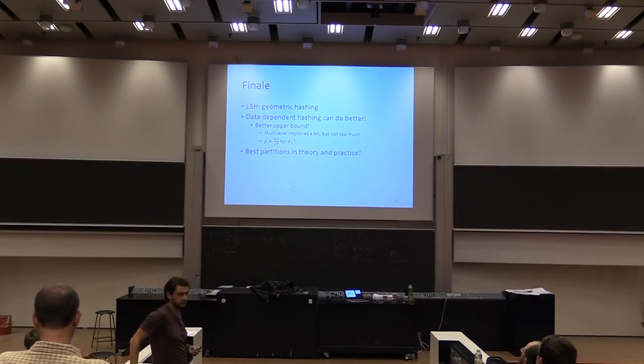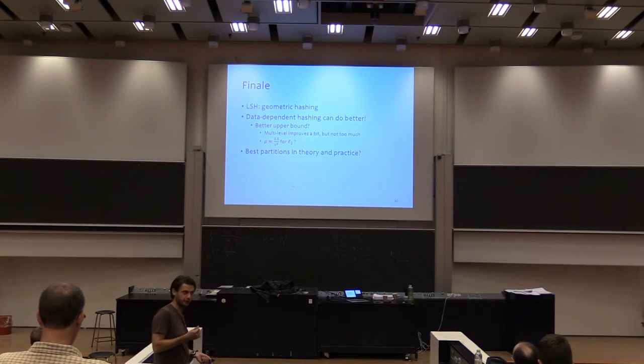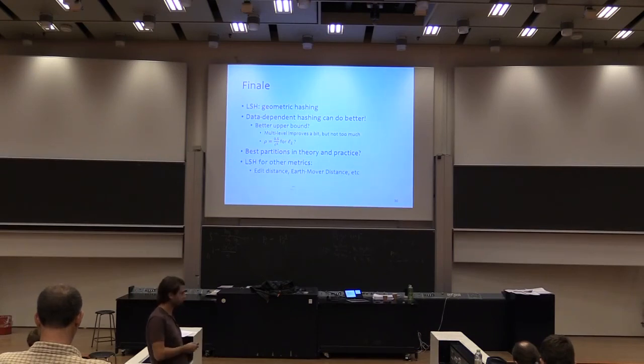In general, a bigger question is, what are the best space partitions or data-dependent space partitions in theory and in practice? We'd like to close this gap, where in practice some data-dependent partitions do work better than random data-independent partitions, but we have no guarantees for that. Something I didn't mention is LSH for other metrics like edit distance.